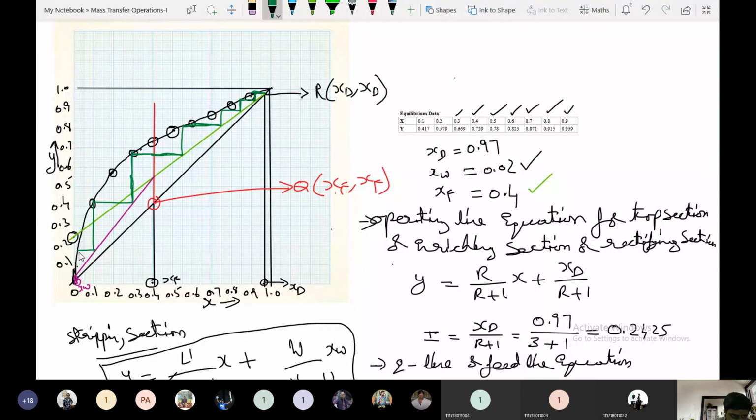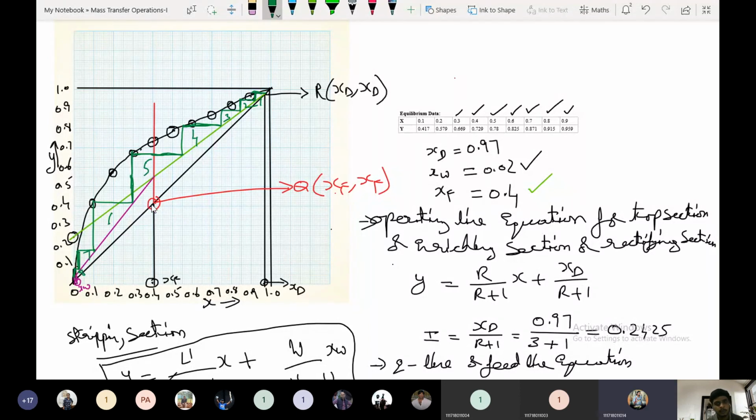Up to this xD point, you have to draw the triangles. Then count your triangles. This one is one complete triangle. This is 2, this is 3, this is 4, this is 5, this is 6, this is 7, this is 8.